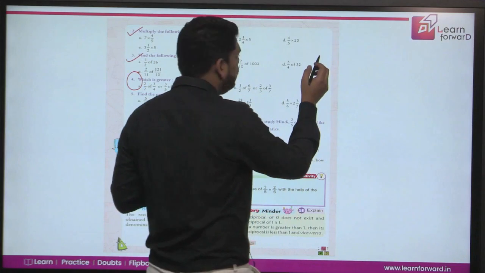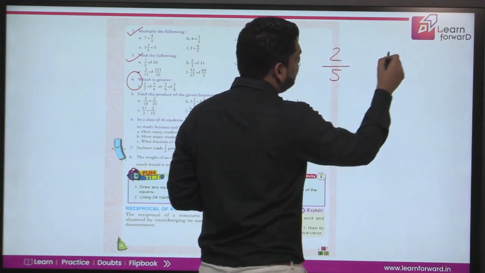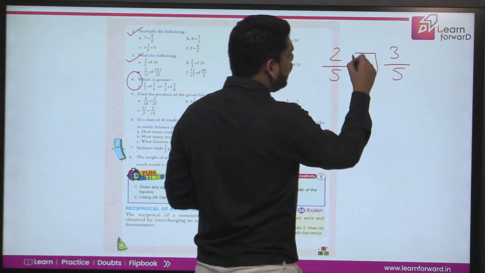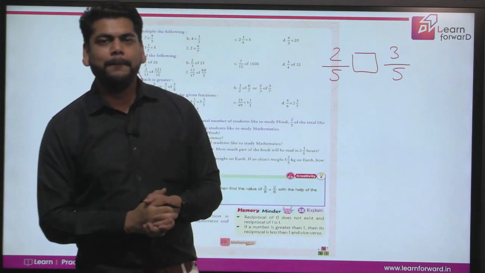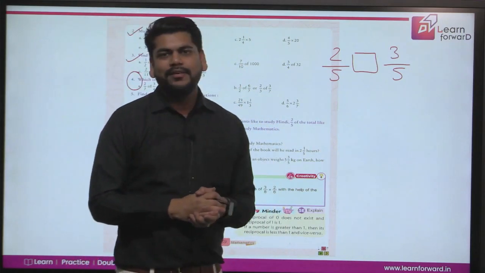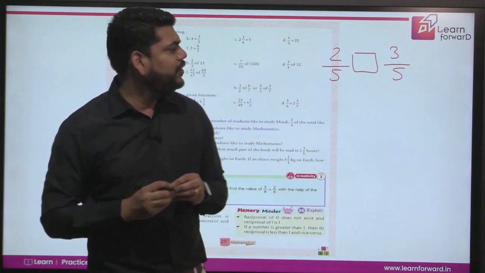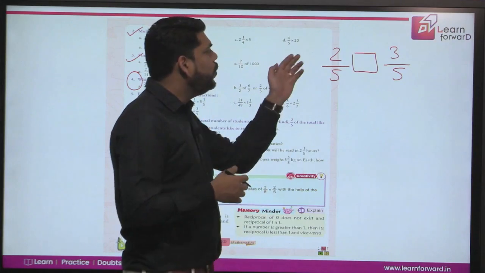Let me give you some examples. 2 upon 5 and 3 upon 5. Now think and tell me which one will be the greater fraction. So let me give you an easy technique to analyze which fraction is greater.